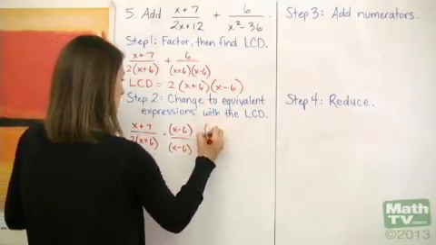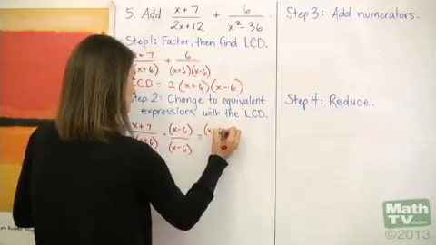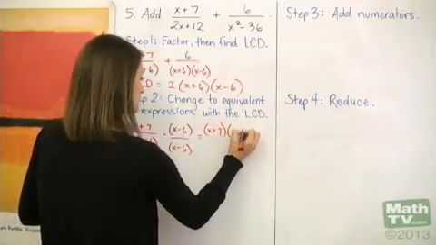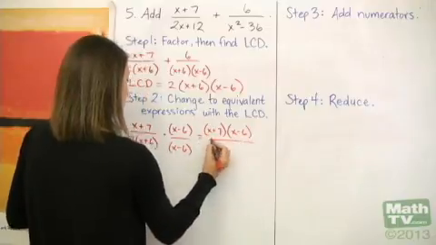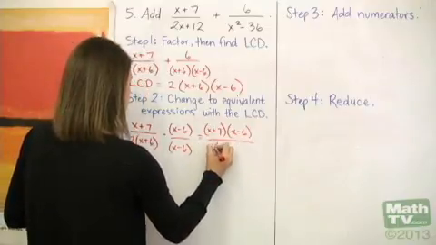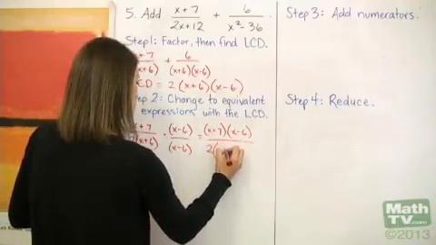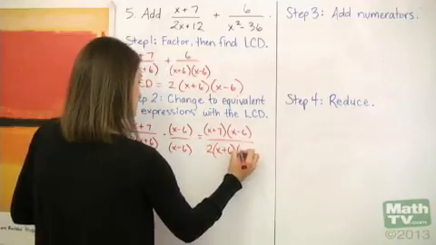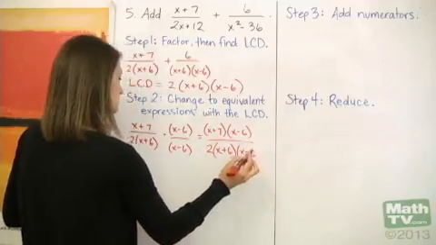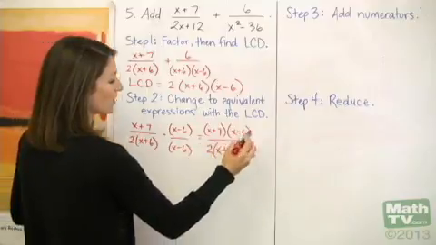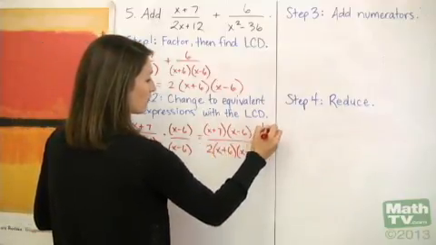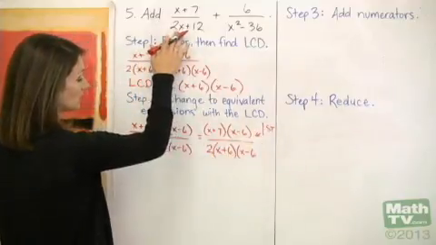Doing that gives x plus 7 times x minus 6 all over our lowest common denominator, 2 times x plus 6 times x minus 6. So here's our equivalent expression. This is for our very first expression here.